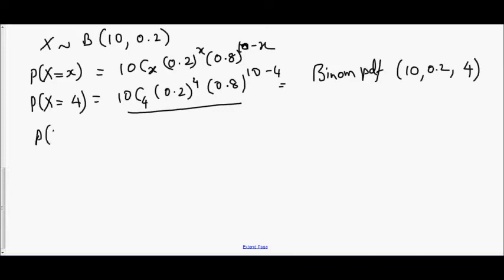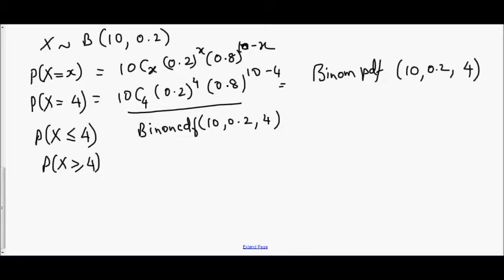If I have a question like what is the probability of x being less than or equal to 4, then you need to use your binom CDF, cumulative distribution function, and all the other things are the same. If I want to find the probability of x being greater than or equal to 4, this should be 1 minus P of x less than 4, because the CDF gives the values from 0 to the particular value x.